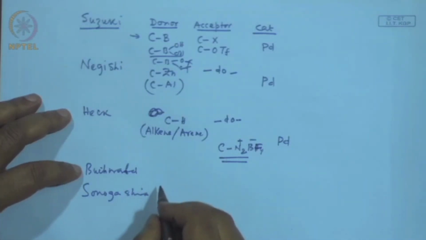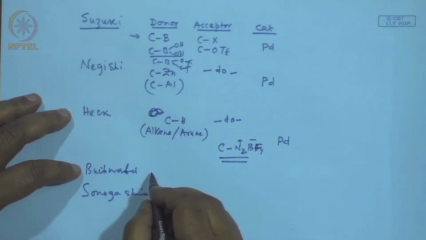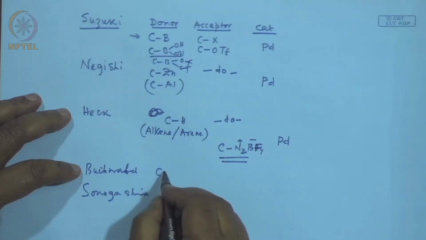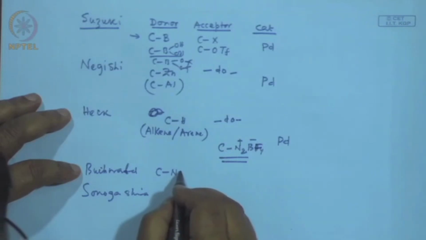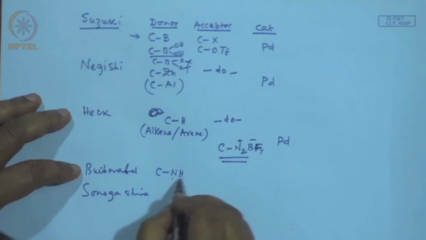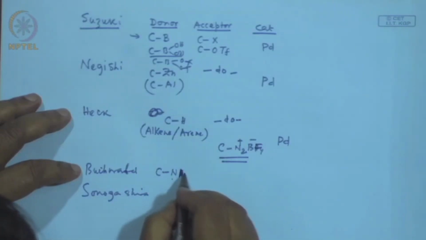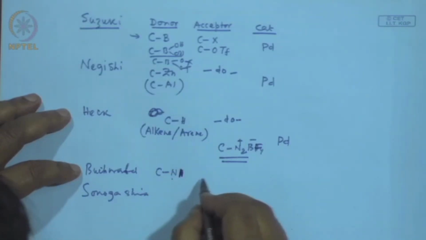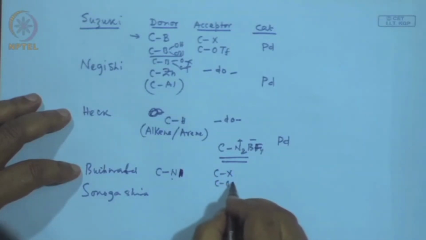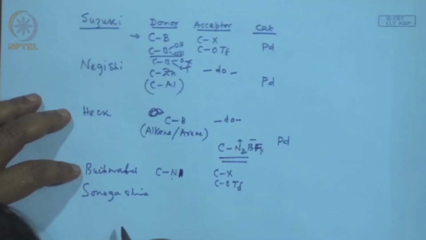Okay. So, in Buchwald, what is the donor? Donor is amine. So, carbon, nitrogen, that means amine NH. So, amine is the donor. Acceptors again halogens and triflate most commonly. Okay.